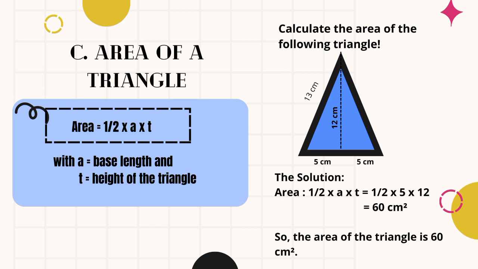The solution: area is a half times A times T equals a half times 5 times 12 equals 60 centimeter square. So the area of the triangle is 60 centimeter square.